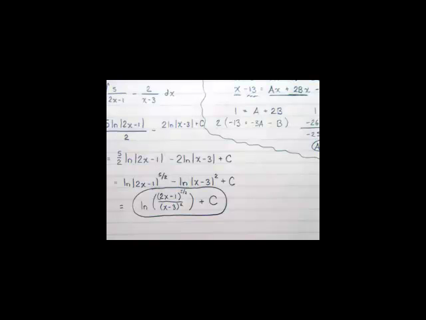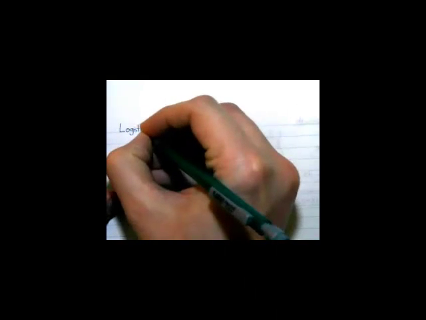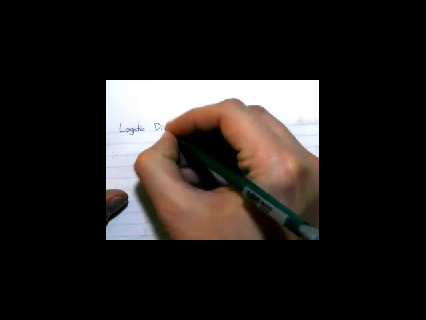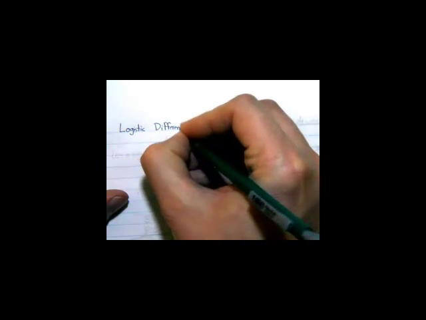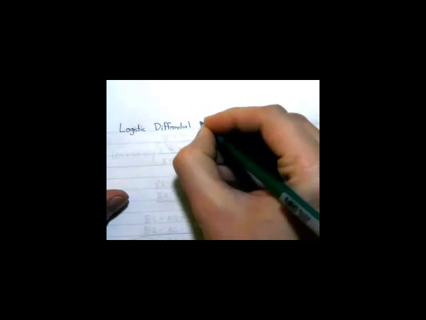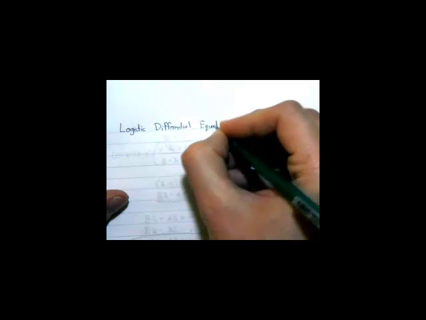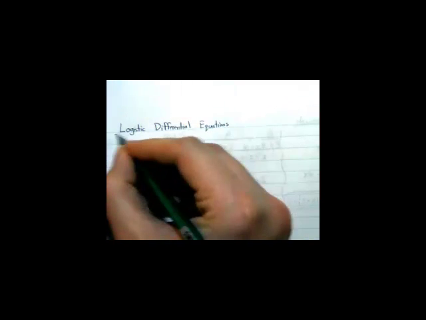So let's talk about the logistic differential equation while we got some time, and then we'll be done. We talked about this a little bit in pre-calc, some at the beginning of this class as well.